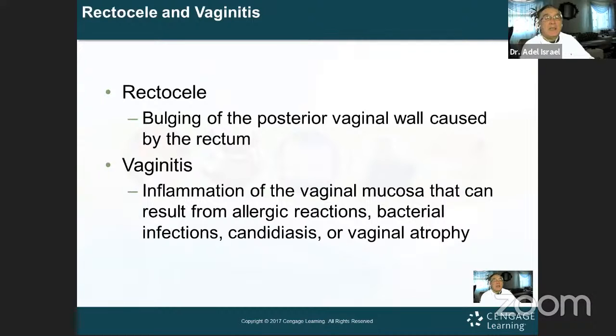Rectocele is like the cystocele, but it happens with the anterior wall of the rectum. Cystocele is for the bladder. Rectocele is for the rectum. The rectum will bulge into the vagina.